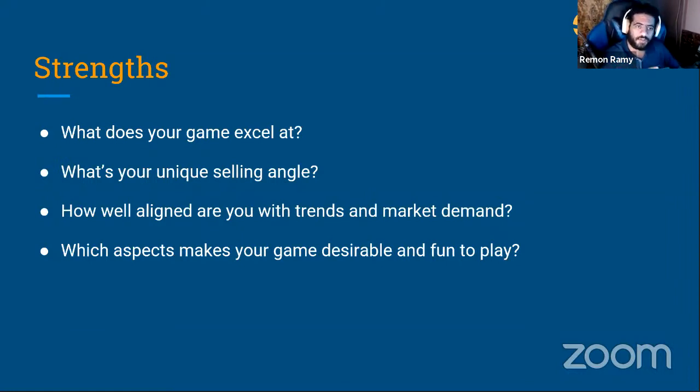While in comparison, if I compare strategy today with, let's say, open world, something like PlayerUnknown Battlegrounds or Fortnite or Call of Duty Warzone, battle royales, essentially, they have been very trendy nowadays, and there has been a very large rise in the number of players that play battle royales. So if I were to compare strategy and battle royale right now, battle royale would definitely win in terms of trends and market demand, right?